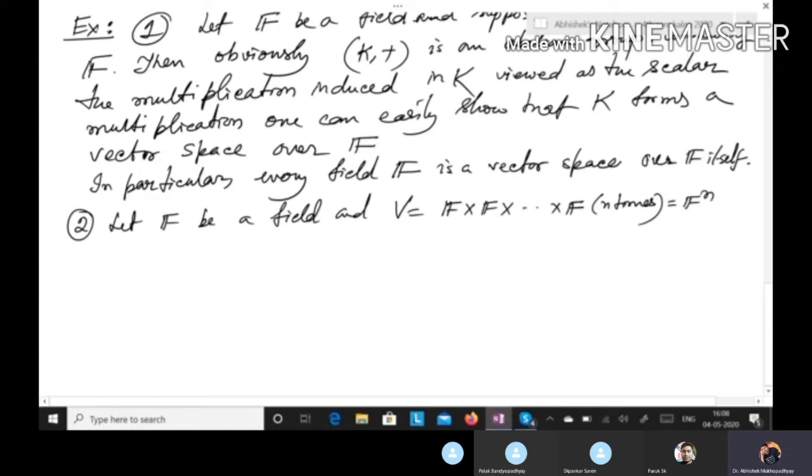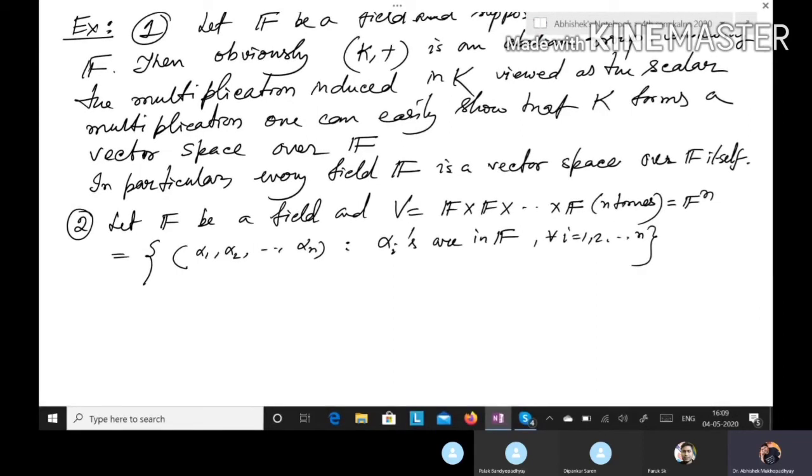Since it is a Cartesian product, it consists of all n tuples, that is, the set of all n tuples alpha 1, alpha 2, ..., alpha n, where each alpha i is in F for all i equal to 1 to n. So this is the set of all n tuples of elements taken from the field F, and n is a natural number.